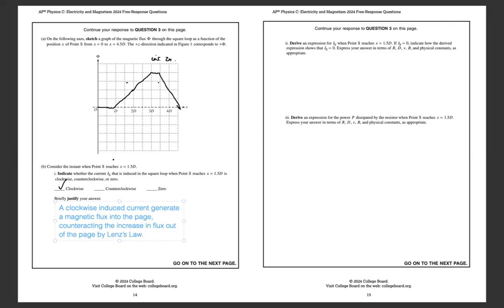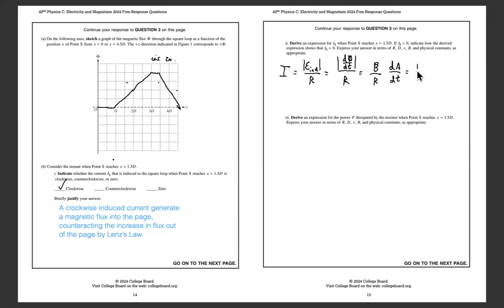Cool. Derive an expression for the induced current at that point. That's not bad because you just do the same thing. Faraday's law: the magnitude of induced voltage over resistance, so that's going to equal the magnitude of dΦ/dt over R. Magnetic field is not changing, so you get B over R times the integral of dA/dt.